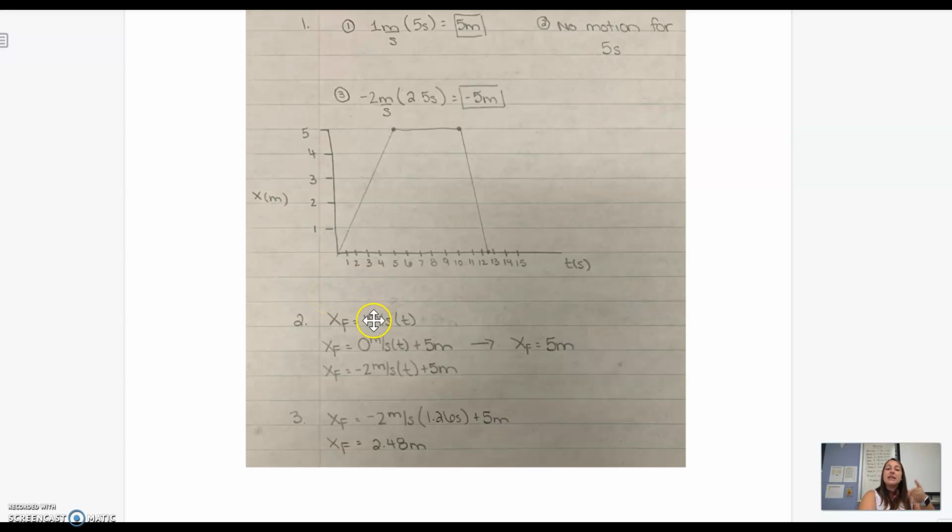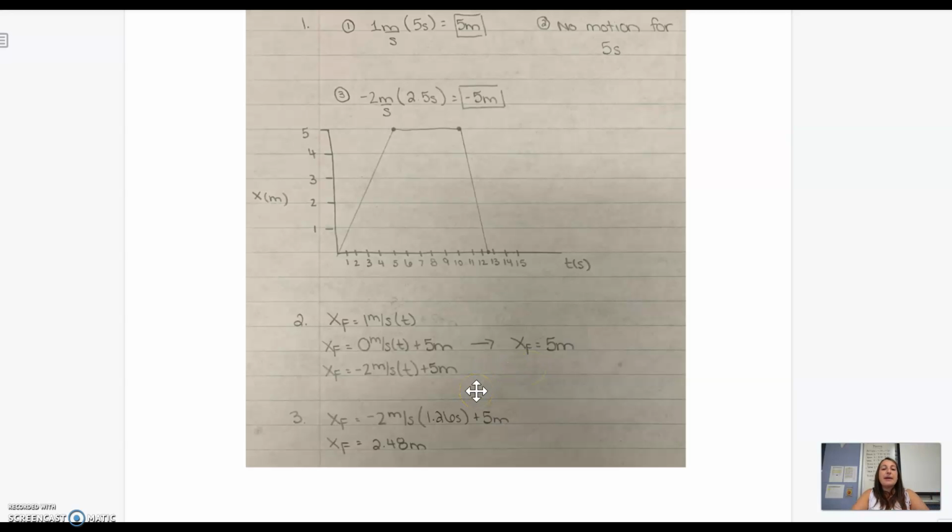But we know that velocity doesn't change for the section, and the initial position also doesn't change, so we can put those numbers in. So the velocity for section 1 was just 1 meter per second. The initial position was 0, so we don't have to write it. For section 2, you're not moving, so velocity is 0, and 0 multiplied by anything is 0, leaving you with just the initial position that you started section 2 at, of 5 meters.